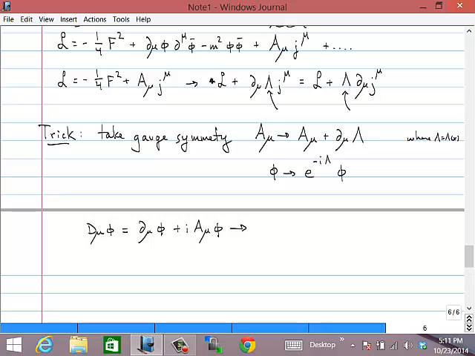Under a gauge transformation, how does this transform? Well, it goes to d mu of e to the minus I lambda phi plus I times A mu plus d mu lambda times e to the minus I lambda phi.